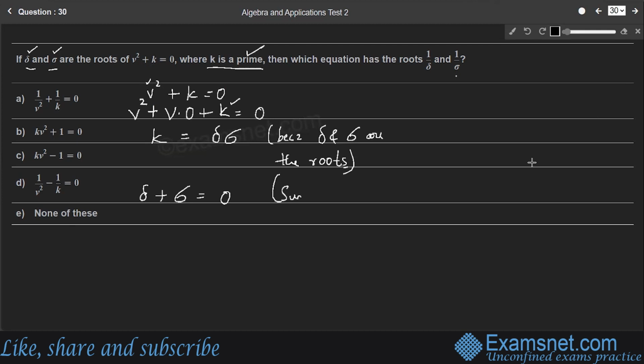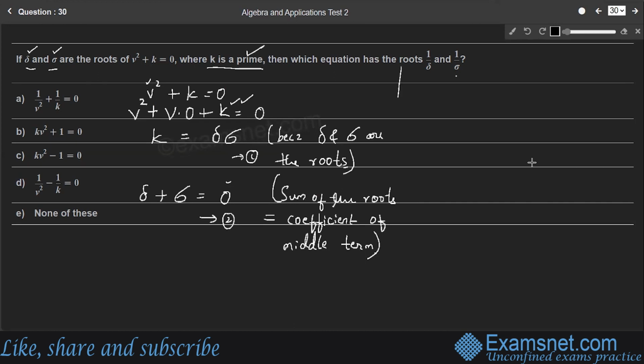So, sum of the roots is equal to coefficient of middle term, right? So in any quadratic equation, product of the roots is equal to the last term, which is a constant. Here it is k, and sum of the roots is equal to the coefficient of middle term. Here it is 0. Therefore, k is equal to delta into sigma, and delta plus sigma is equal to 0, right?